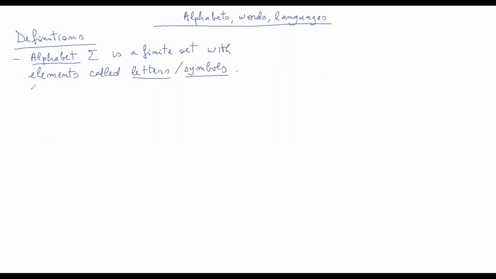And then we have the notion of a word. So a word W over sigma is just simply a sequence of letters from sigma.